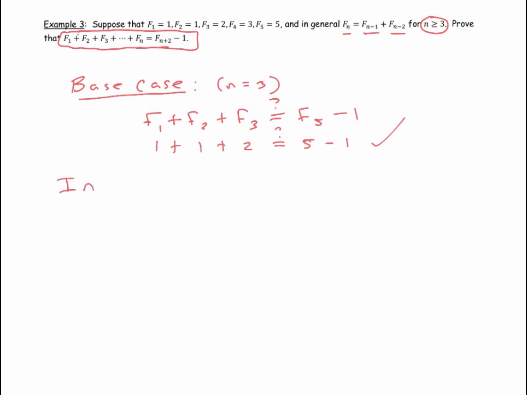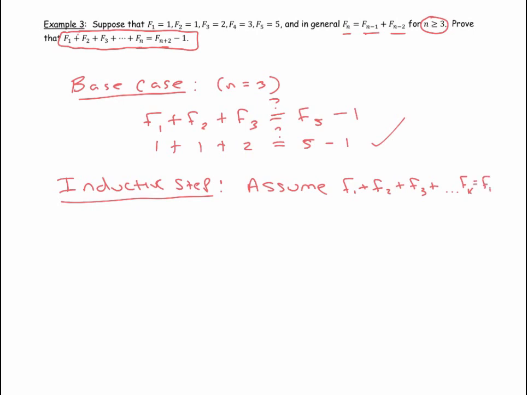Okay, so now we go on to the inductive step. We're going to assume that this is true: f sub 1 plus f sub 2 all the way down to the kth Fibonacci number. We're going to assume that's equal to the k plus second Fibonacci number minus 1.